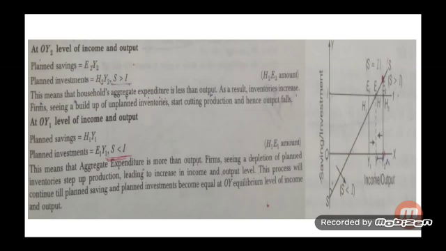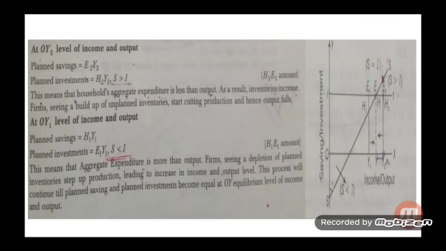At the OY1 level of income and output, at this point planned saving is H1Y1. Here the saving curve is below investment, and planned investment is E1Y1.